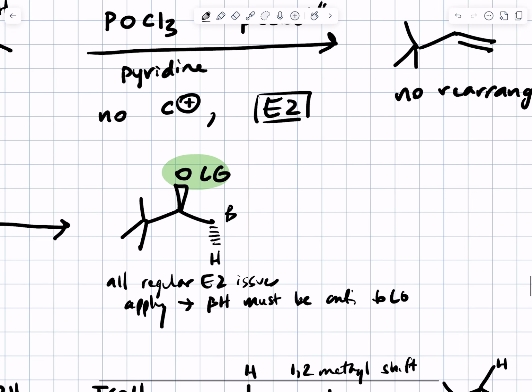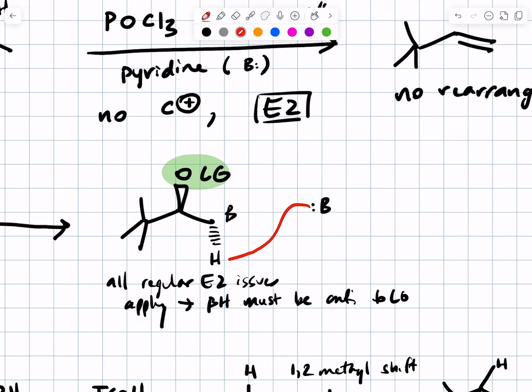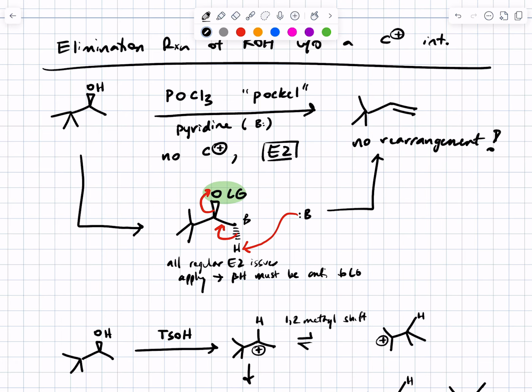And then your base, pyridine, is going to remove the beta proton, and there's only one kind of beta proton here. Electrons kick down and the leaving group leaves, and that's your elimination product. Okay?